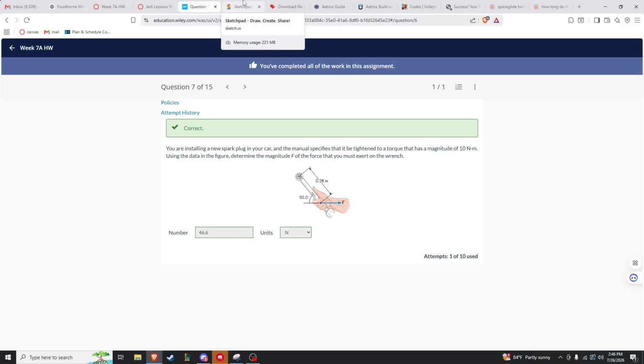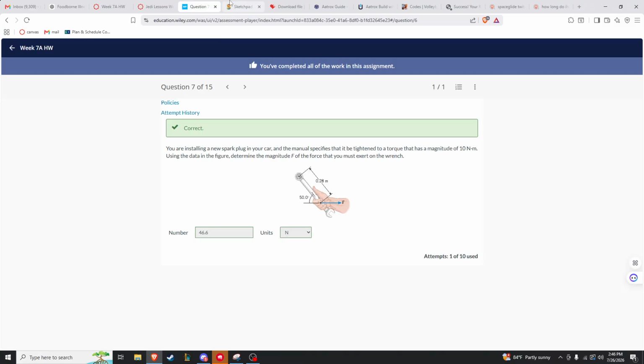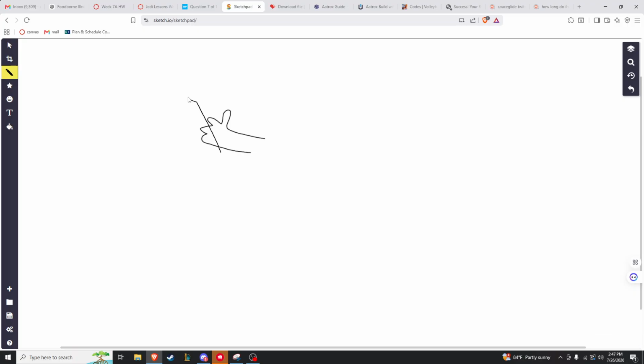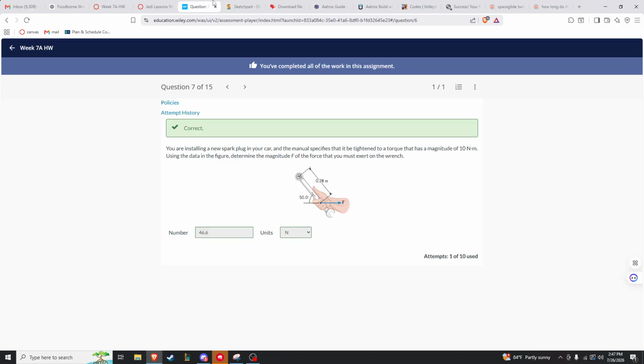In this situation, you obviously want to draw this out. So we have the man's hand, and he has the wrench in his hand. That looks more like a bone, I'm going to be honest, but what can we do about it? I'm not an artist.